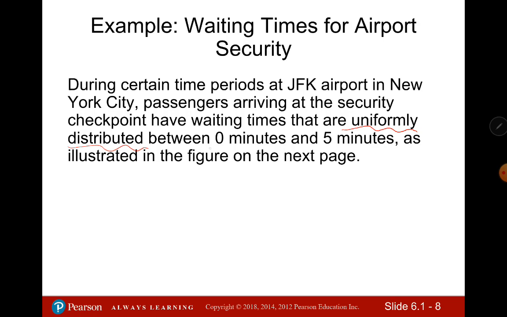And we also know it's from 0 to 5. So we already know the minimum waiting time is 0 minutes and the maximum waiting time is 5 minutes. And the most important part is the waiting times are uniformly distributed.